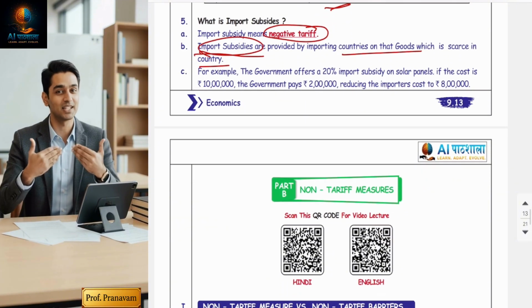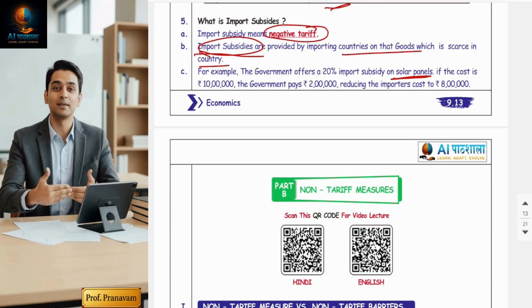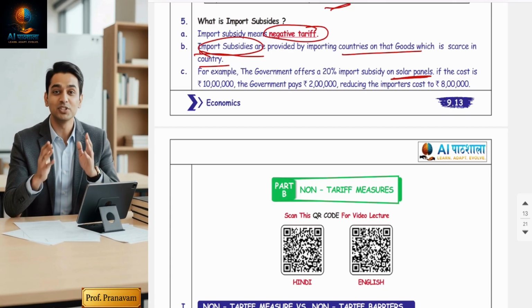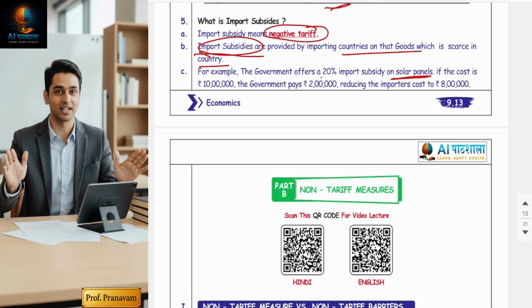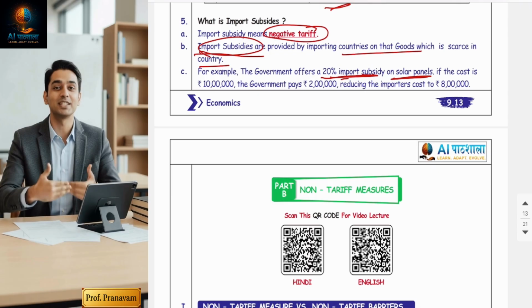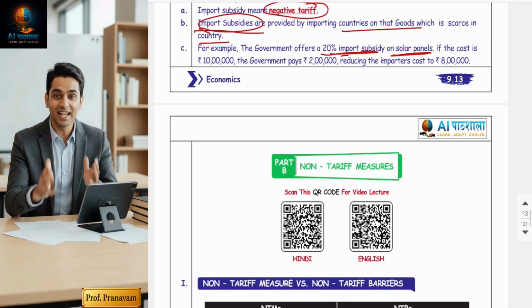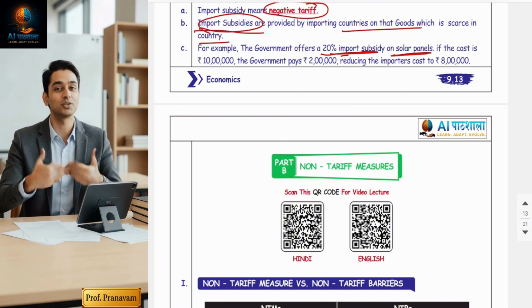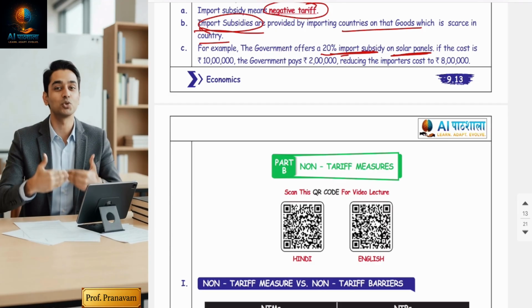Now, let me take an example. In India there is a high demand for solar panels. The import duty is normally charged at 20%. With an import subsidy, for example, the government tells all the domestic solar panel companies to please import from the US.